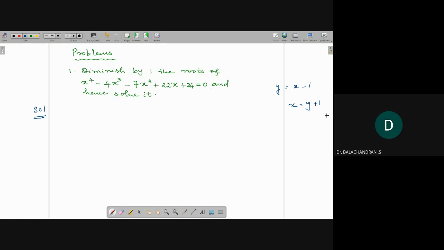You will get an equation. You need to solve this equation first and find the roots. But originally I need the roots of this equation, so you need to add 1 plus 1 in each of the roots of this transformed equation. Then you will get the roots of this equation. Is it correct?